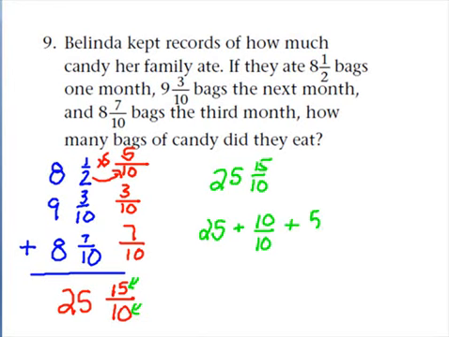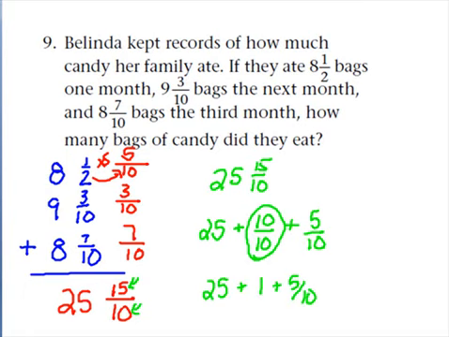That will leave 5 pieces out of 10. I've shown it this way to show you that the 10 pieces I pulled out makes one whole, or 25 plus 1 plus 5/10. So my final answer would be 26 and 5/10.